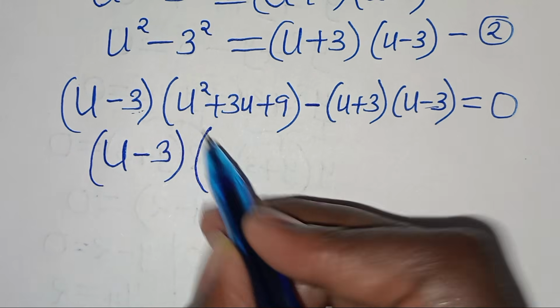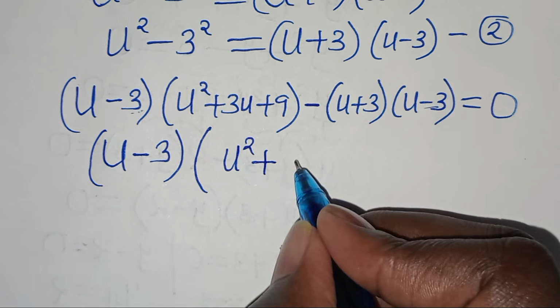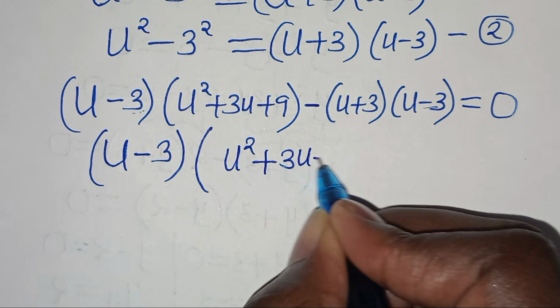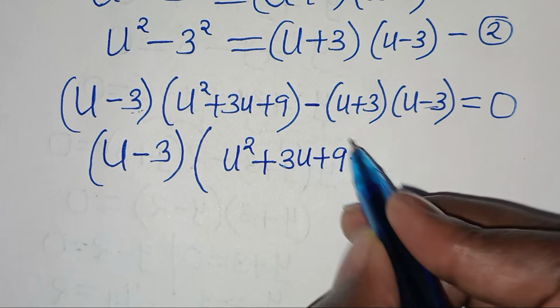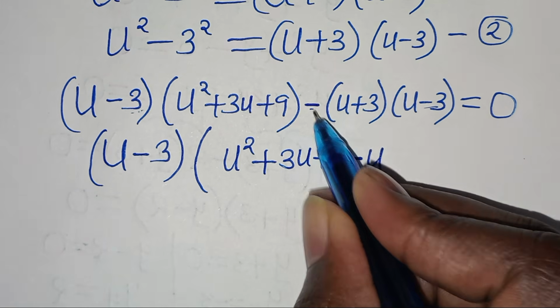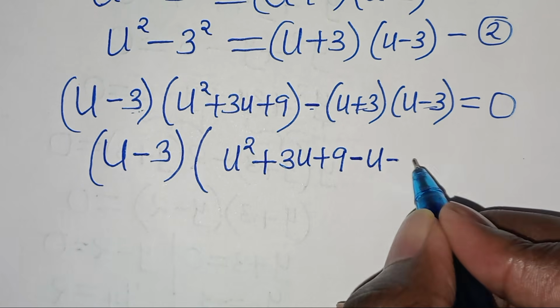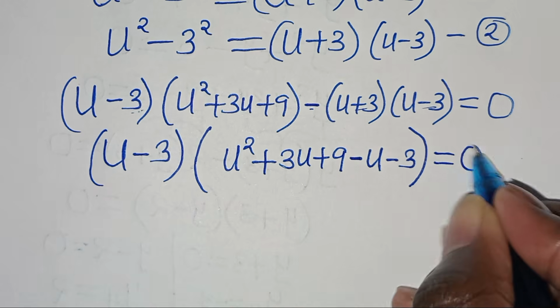In the parentheses, this is u squared plus 3u plus 9 subtract, now let's open the parentheses here, minus u, minus times plus 3, this is minus 3, close the parentheses. This is equal to 0.